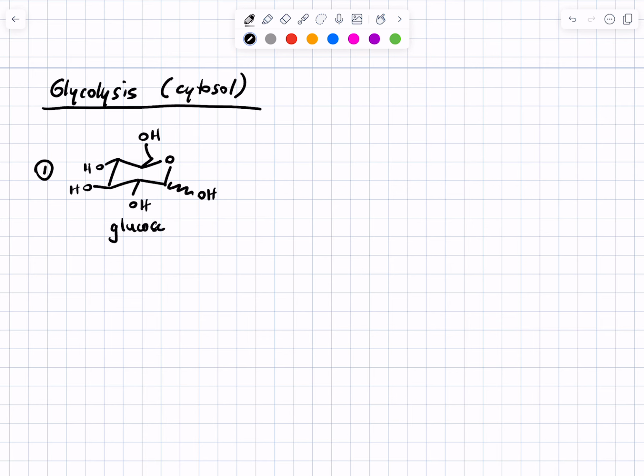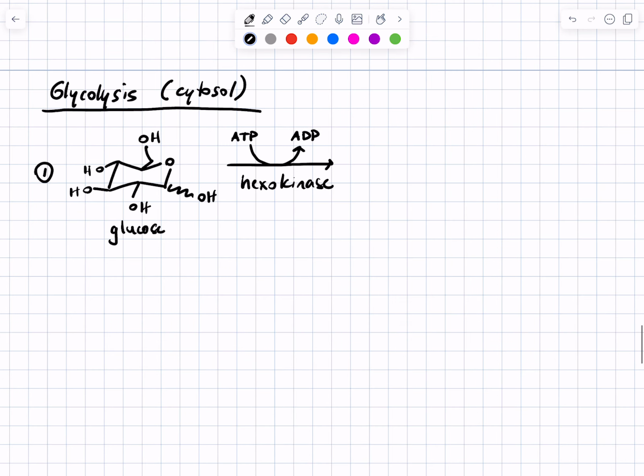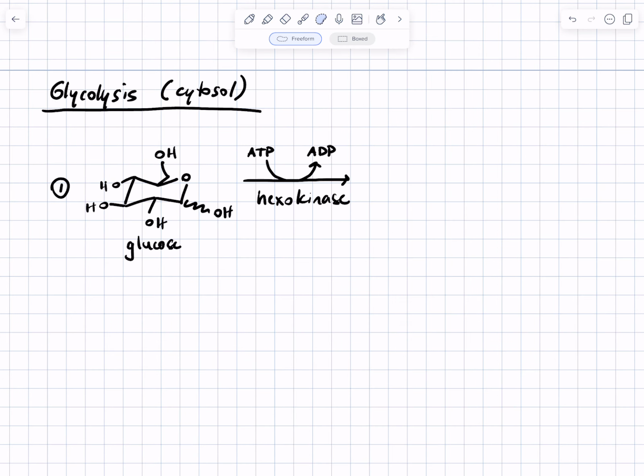This is a kinase reaction, so I won't draw the mechanism for you. The enzyme activates the gamma phosphate of ATP, and the enzyme that is called hexokinase transfers the gamma phosphate from ATP to the C6 hydroxyl group, which acts as a nucleophile.